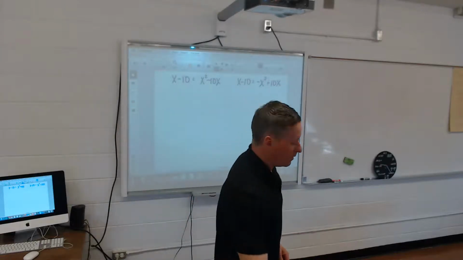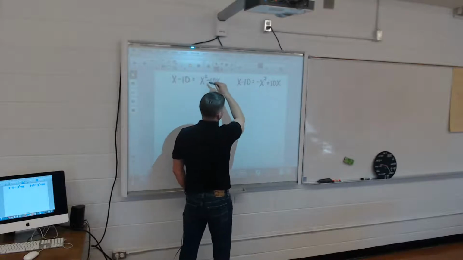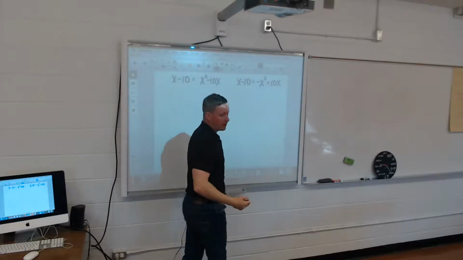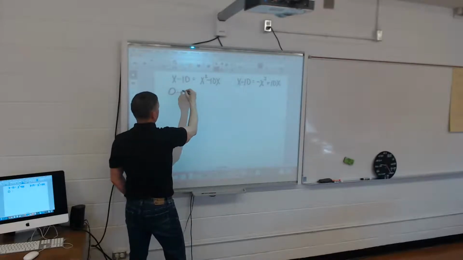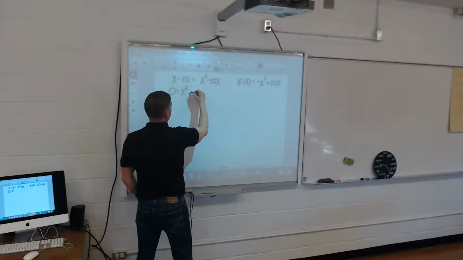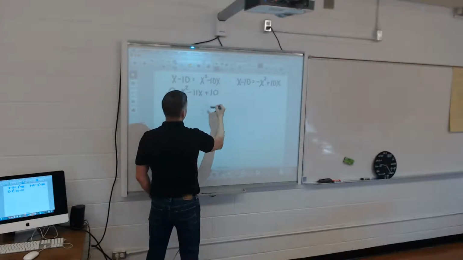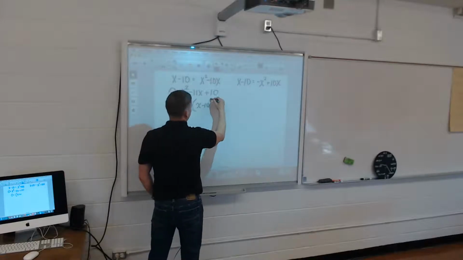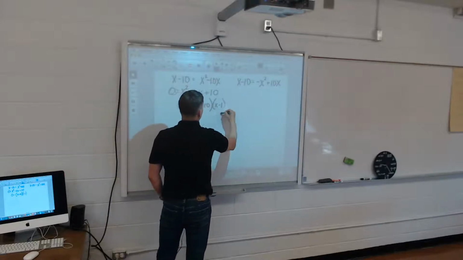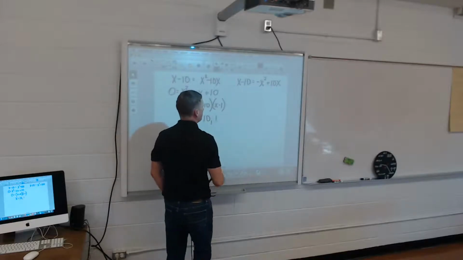For this question, x minus 10 is equal to the positive of this and the negative of all of that. So 0 equals x squared minus 11x plus 10. 0 equals x minus 10, x minus 1. X is equal to 10 and 1.